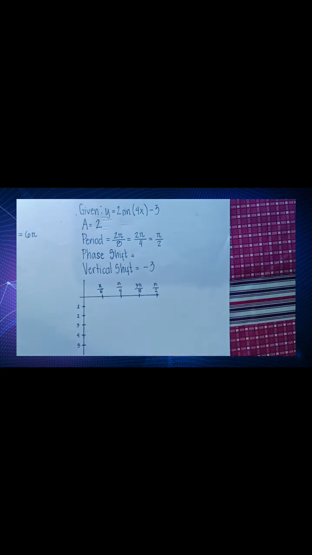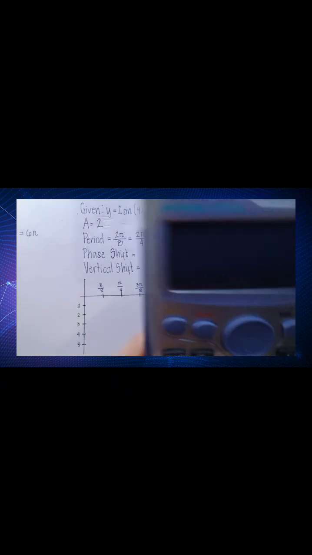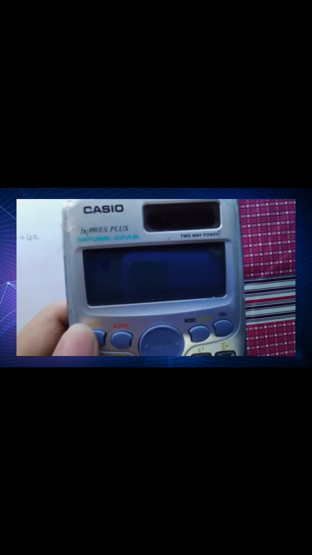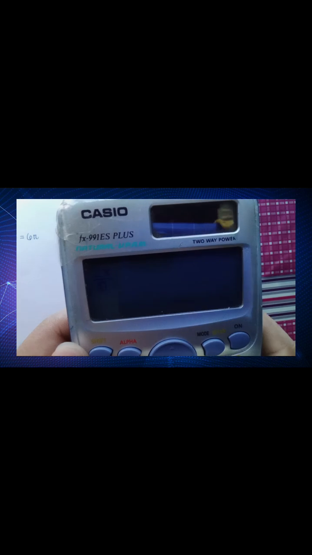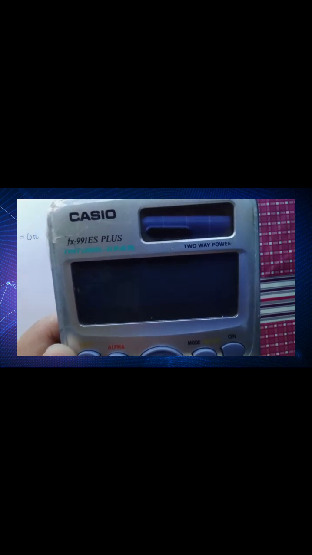For sure in our answer, we calculate, as you can see, 2 pi over 4. So what is the answer?